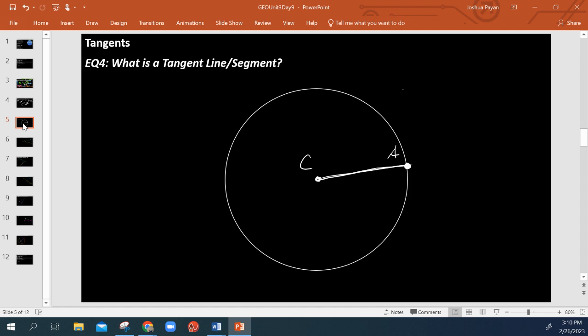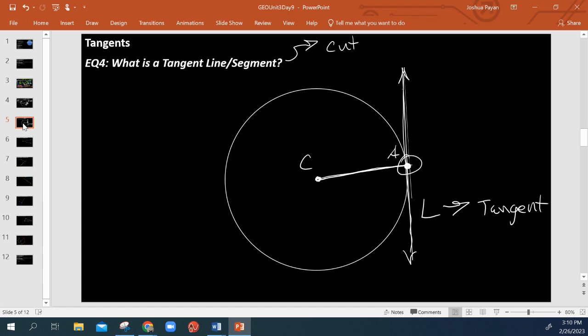It's hard to do this on a tablet with a ruler. What I am drawing is called a tangent line. Let's call this line L. This line L is tangent to the circle.